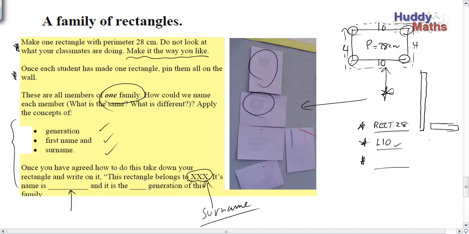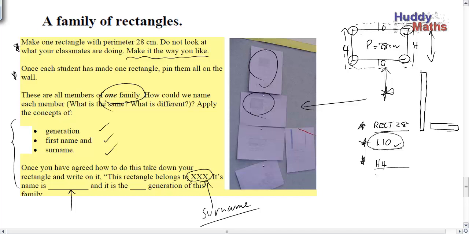So you could shuffle these around a bit. So here you could say it's a generation of this height here, maybe. There's a few different ways of doing this. So this height here would be generation height 4 or something.